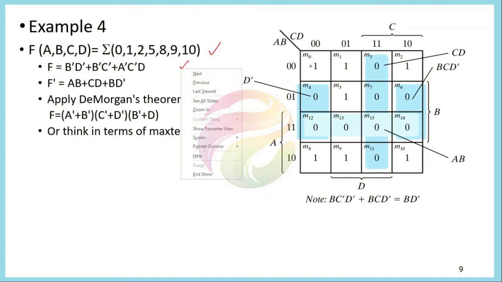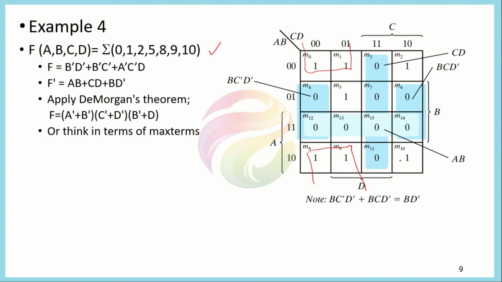You can see there are many ones that you could combine here, this one and this one. Similarly, all the edges are also combined, and then this one. If you combine all of them, they will give you this expression.